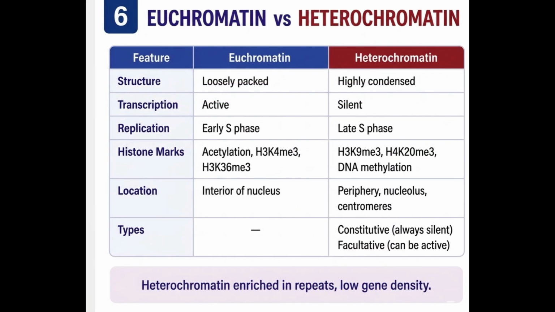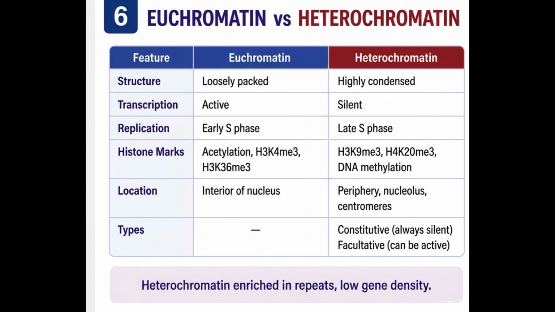Euchromatin versus heterochromatin. Chromatin exists in 2 major forms, euchromatin and heterochromatin. Euchromatin is loosely packed, transcriptionally active and usually replicates early during S phase. It is enriched with activating histone marks such as histone acetylation. In contrast, heterochromatin is highly condensed, transcriptionally inactive and replicates late during S phase.